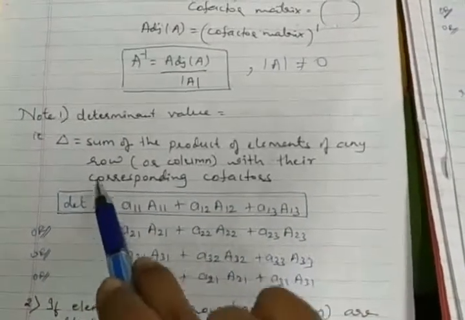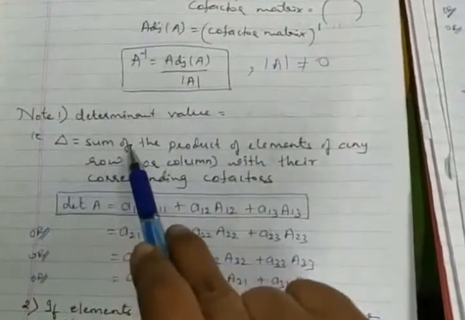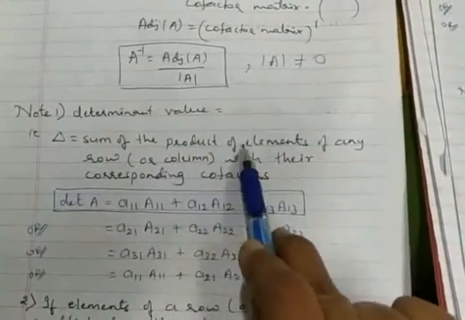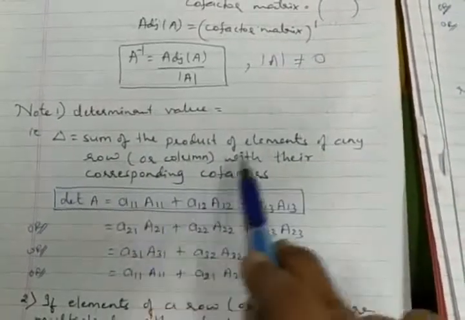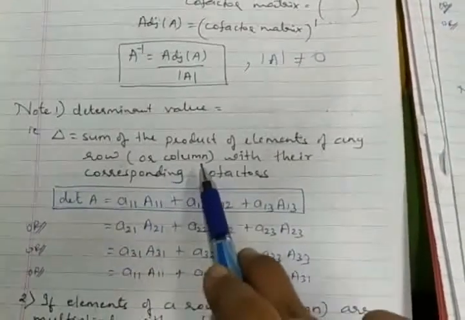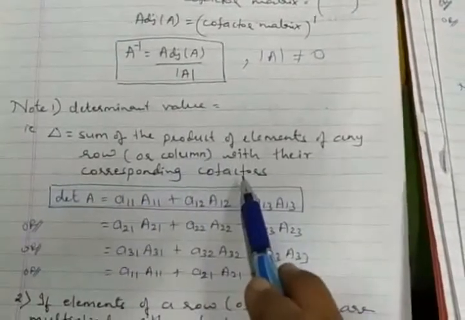Got it? So that means the determinant value is the sum of the products of the elements of any row, or even you can go for a column, with their corresponding cofactors.